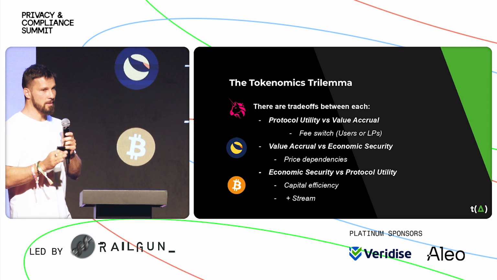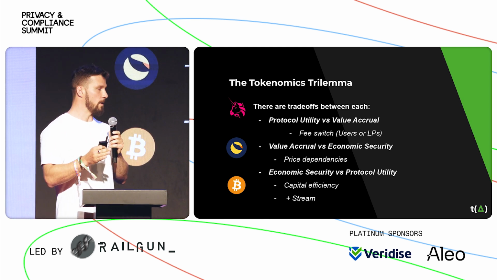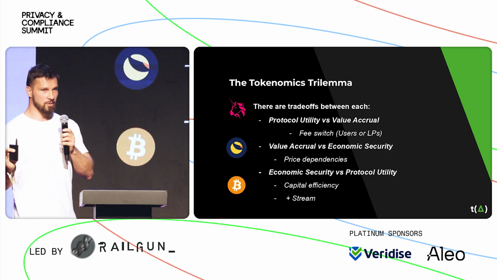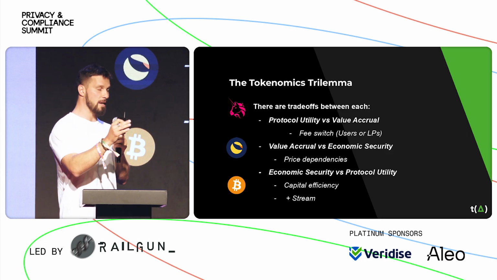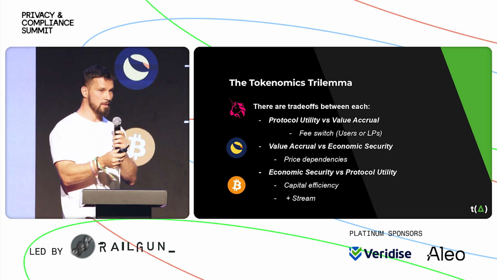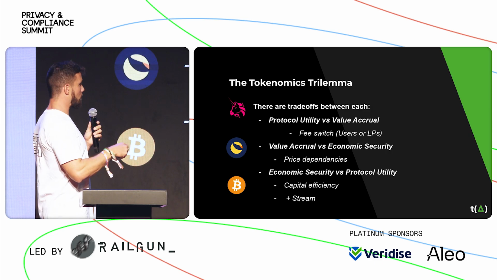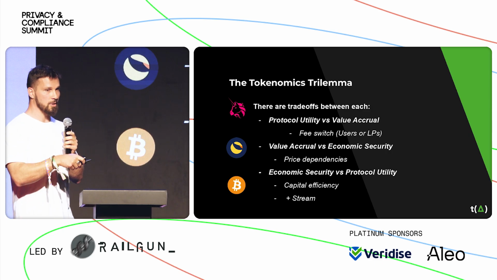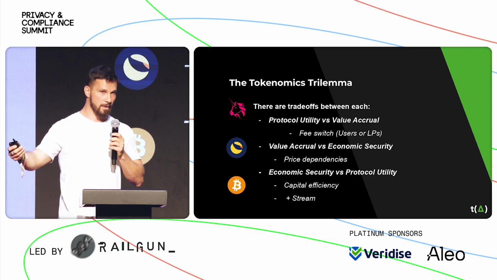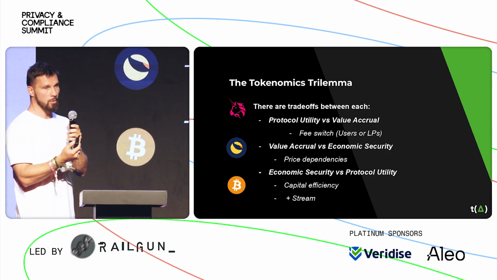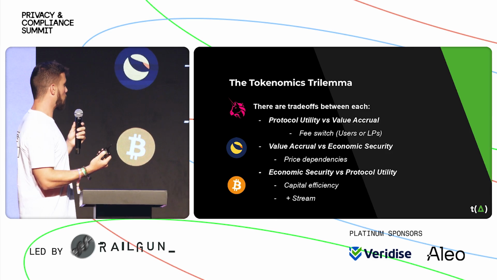But historically, their challenge has been optimizing between the interests of users and investors. Do we turn the fee switch on and take from LPs and take away from their returns? Or do we make it more expensive to swap tokens through Uniswap by charging a fee and then paying that out to the token holders? So this is an example of the trade-off between protocol utility and value accrual.